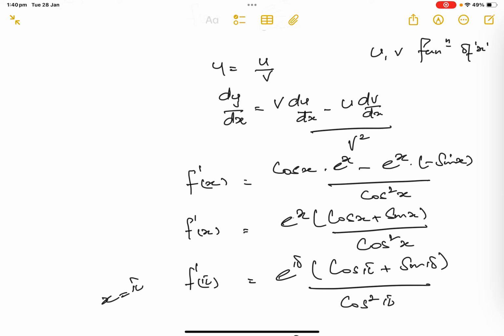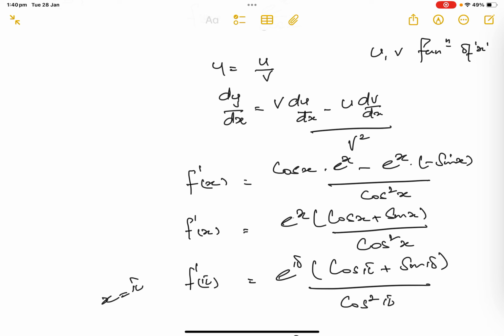So f dash x, that is the differentiation of f(x). Using the formula, f dash x equals v, which is cos x, times e to the power x, minus u, which is e to the power x, times the differentiation of cos x, which is minus sin x, divided by cos squared x.